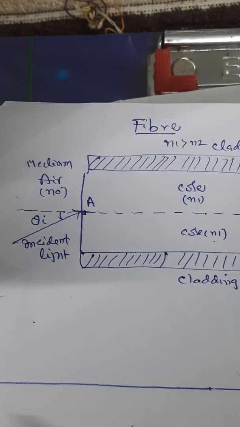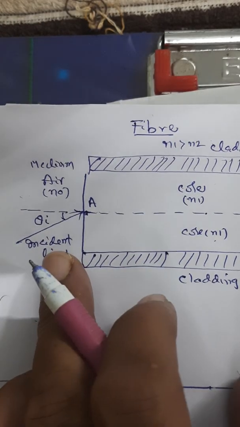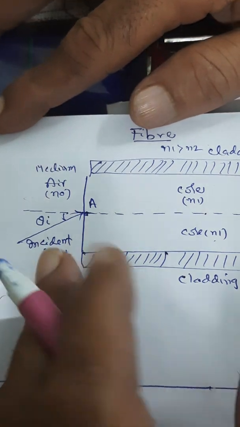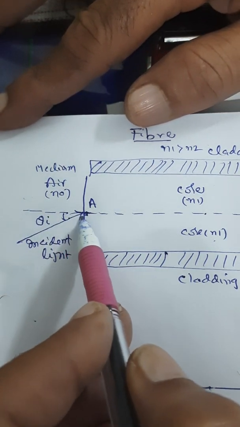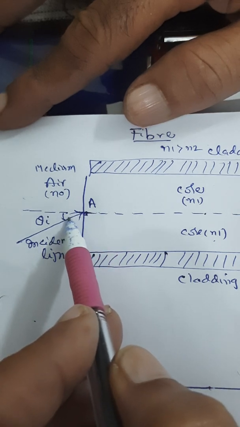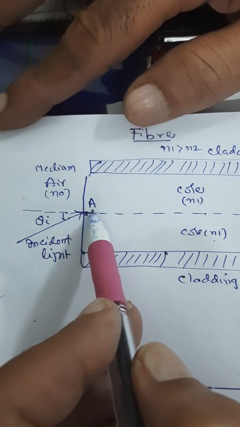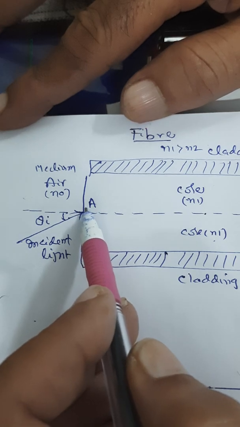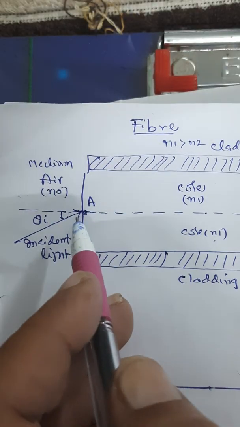So light, while entering into the core at A, makes an angle theta I with the fiber axis. So in the core, it travels along AB.